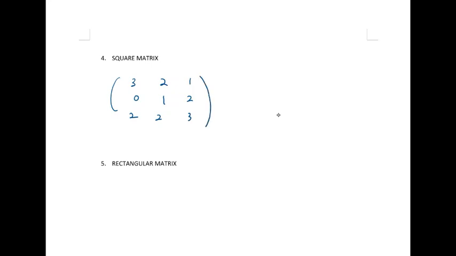So this is example of square matrix. A square matrix has the same number of rows and column. 1, 2, 3 rows and 1, 2, 3 column. 3 column, 3 rows. Okay, remember a square matrix has the same number of rows and columns.